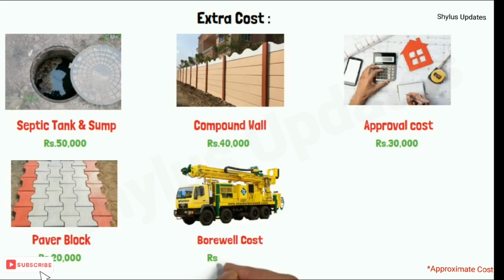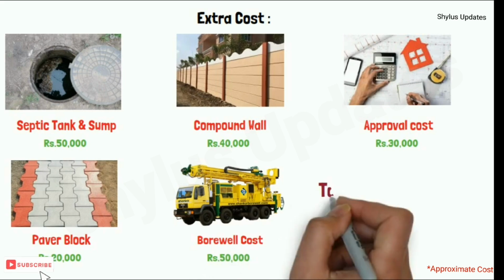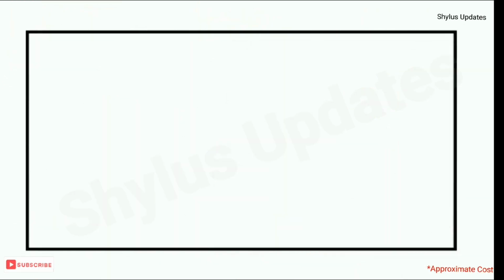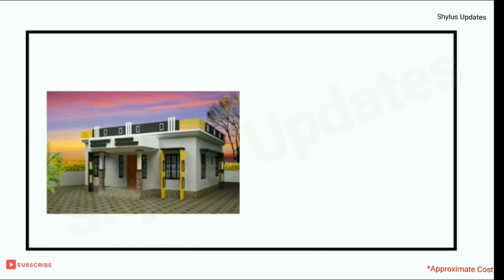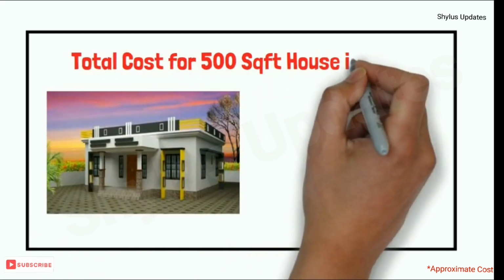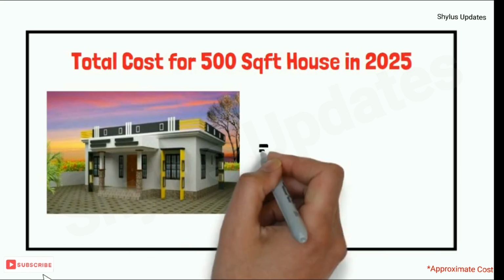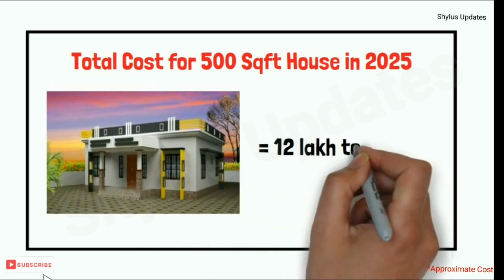When you add all these costs, you will get the total extra cost is rupees 1,90,000. Therefore, the total cost for 500 square feet house in 2025 is between 12 lakh to 14 lakh.